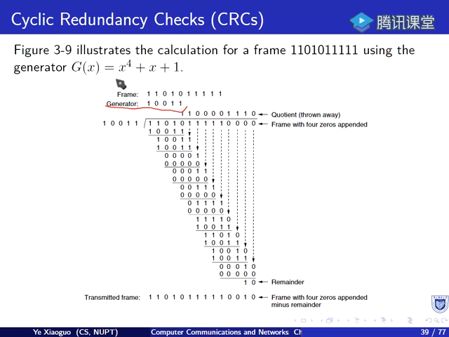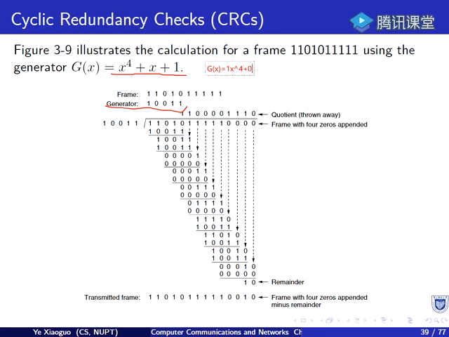Since the generator polynomial is x^4 + x + 1, that is G(x) equals coefficient 1 times x^4, right?